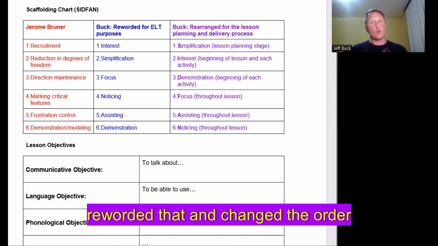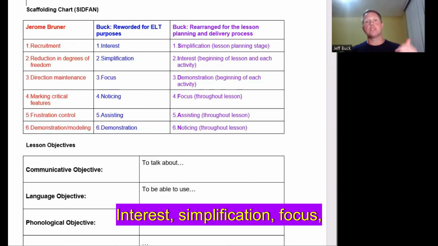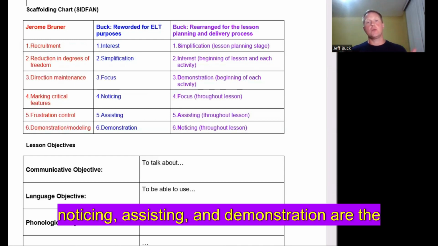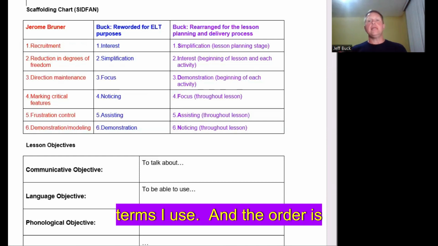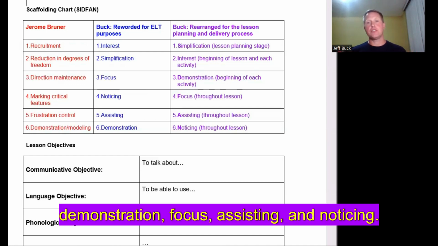I've reworded that and changed the order for ELT purposes: interest, simplification, focus, noticing, assisting, and demonstration are the terms I use. And the order is simplification, interest, demonstration, focus, assisting, and noticing.